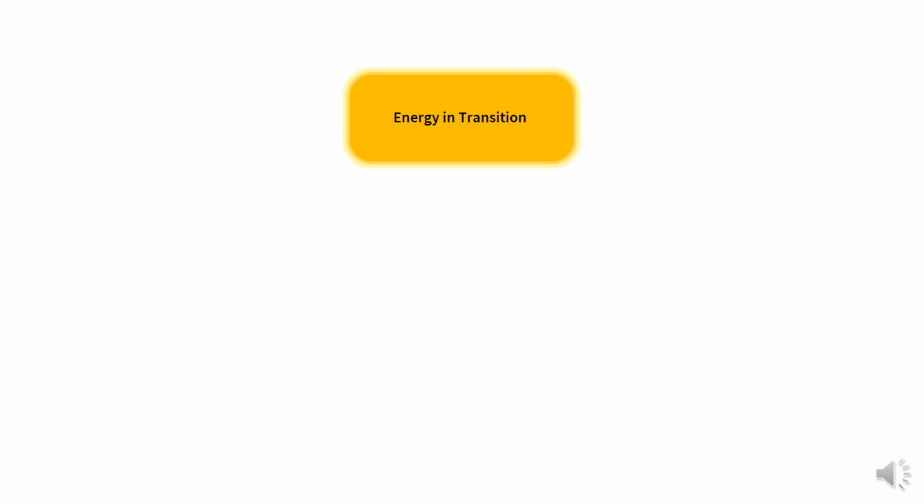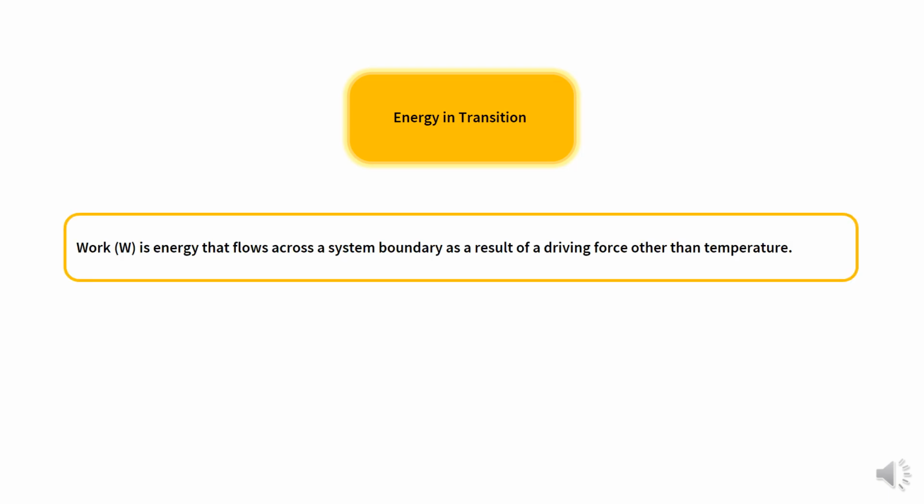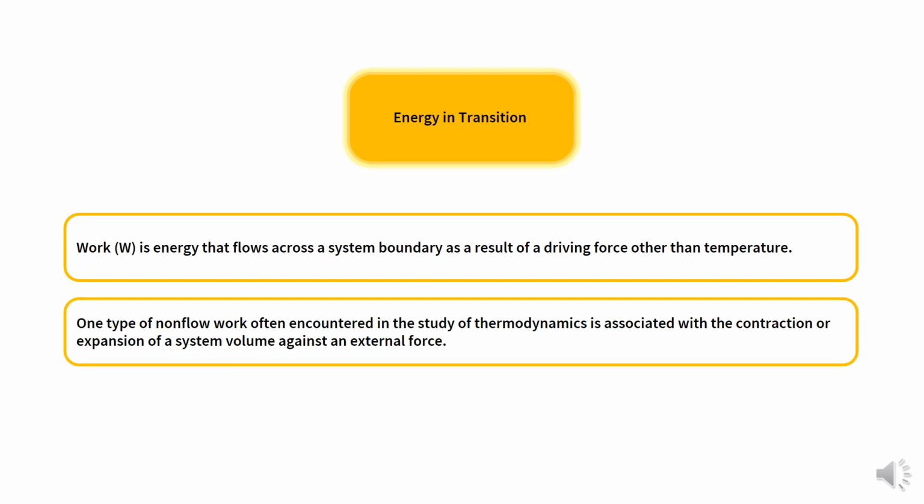Besides heat, work, or W, is energy that flows across a system boundary as a result of a driving force other than temperature. One type of non-flow work often encountered in the study of thermodynamics is associated with the contraction or expansion of a system volume against an external force.